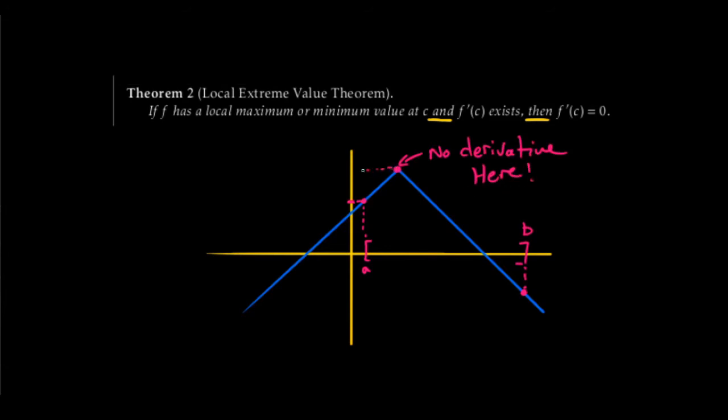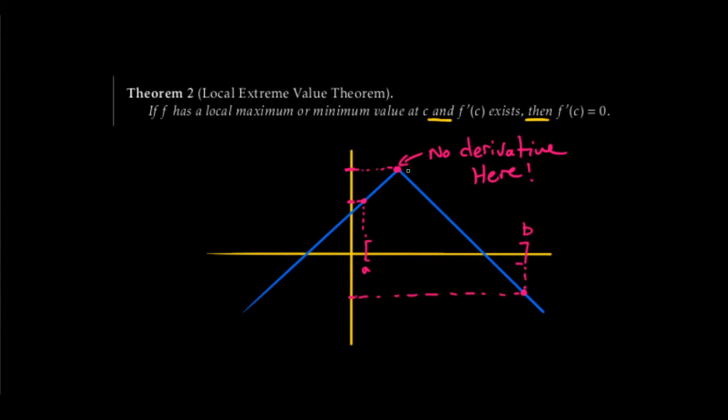But all the same, this is as high as it goes. And this over here is as low as it goes. So, local maxima or minima occur where you have derivatives, precisely at places where you have a zero derivative. But it's also possible to not have a derivative and have a local max or a local min.